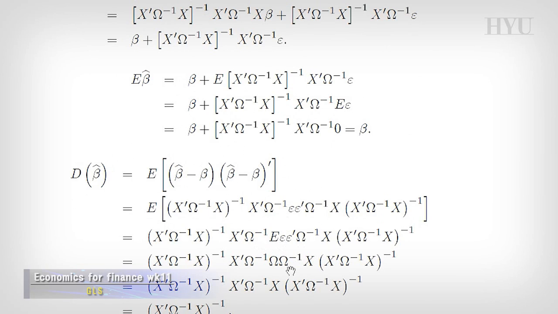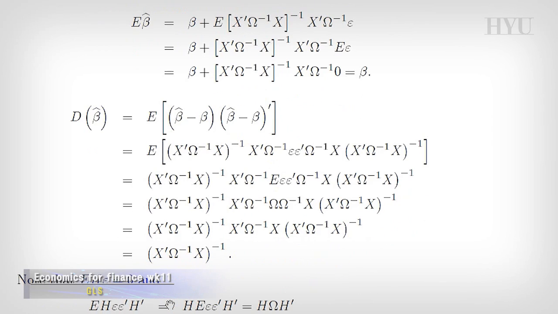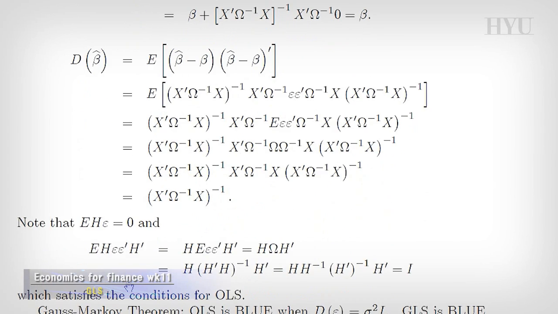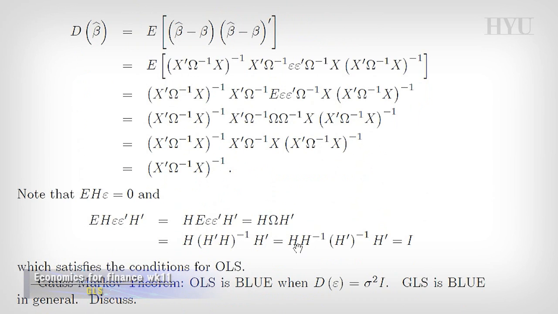We know the expected value of epsilon epsilon prime is omega, so the omegas cancel out, and we have only this part. This satisfies the conditions for OLS as well.